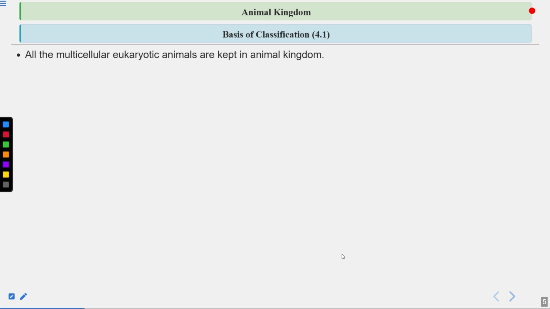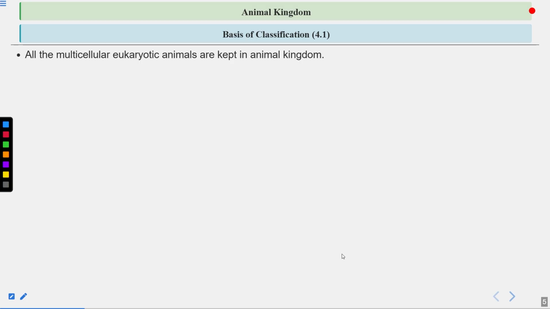How are the fundamental features used for classifying animals, and why is there a need for the classification of animals? So first of all, the first point here is that multicellular eukaryotic animals are kept in the animal kingdom. What type of animals are put in the animal kingdom?